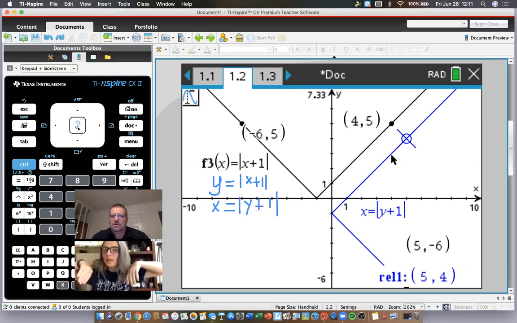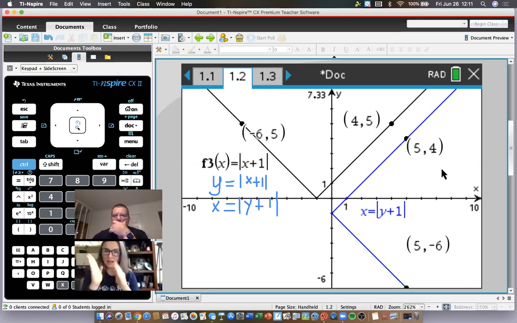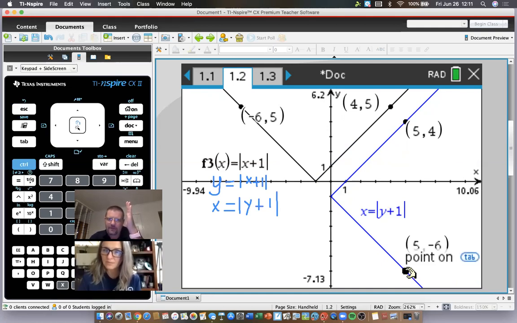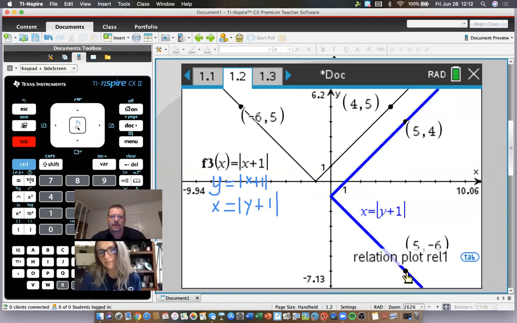And this is the point he's trying to make: if we take the inverse of an absolute value and turn it on its side, we violated a really important test. What test do we violate, Mr. Bobby? The vertical line test. This point is vertical to this point. So that blue graph is the inverse, but it's not an inverse function. Right. That's my whole point. And if I go back and throw that line y equals x on there, it's going to.